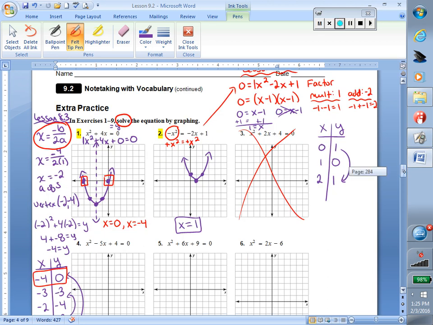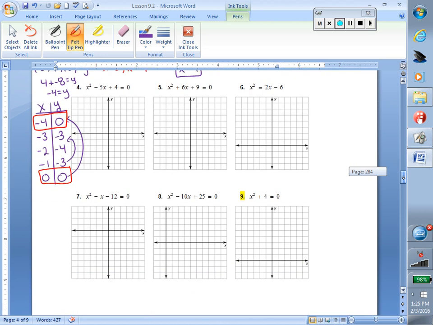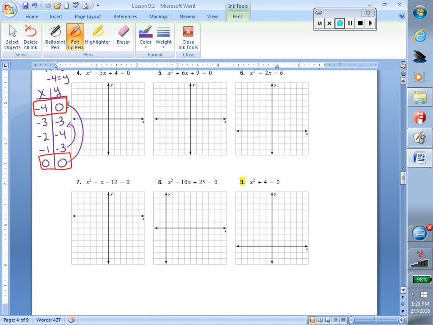let's take a little scroll down. Let's look at question 9. How is question 9 different than the first 2 that we dealt with? What do you think? There's no just plain x term. There's no b term.